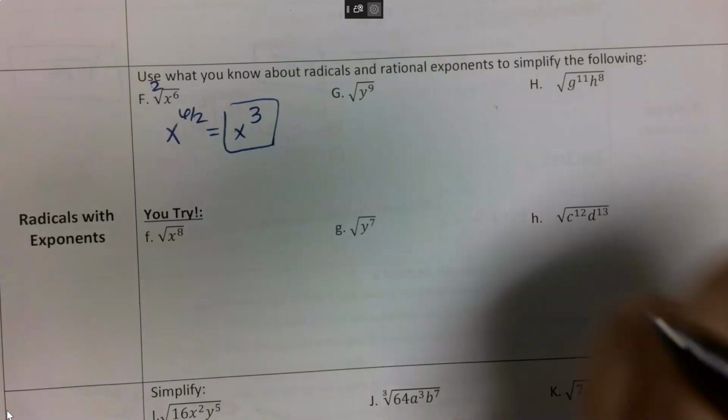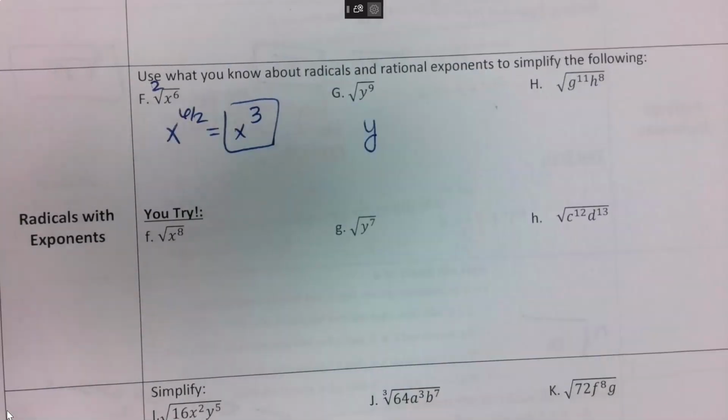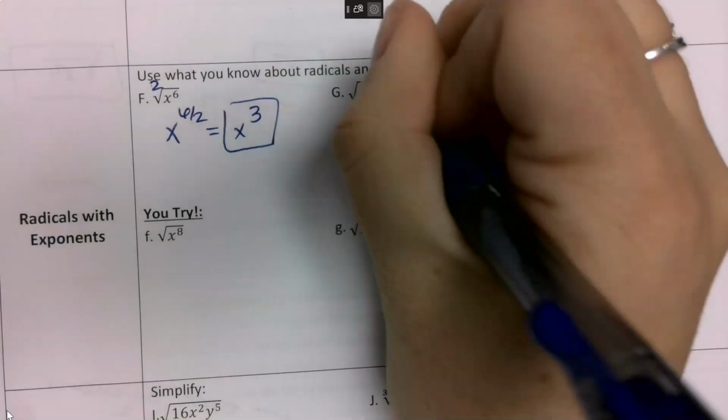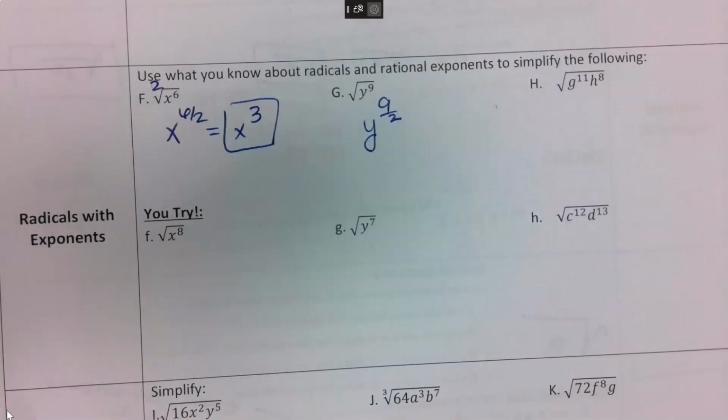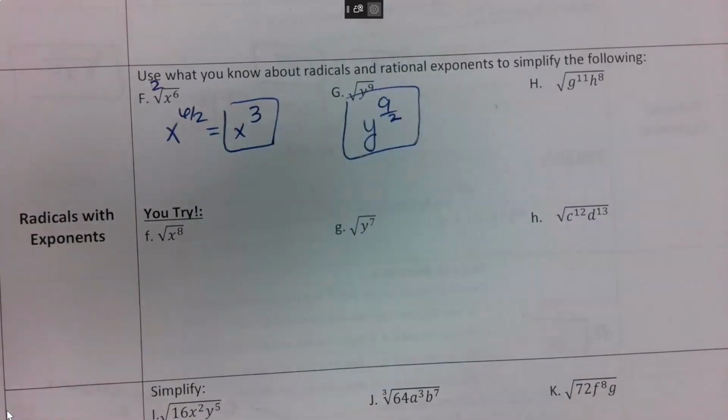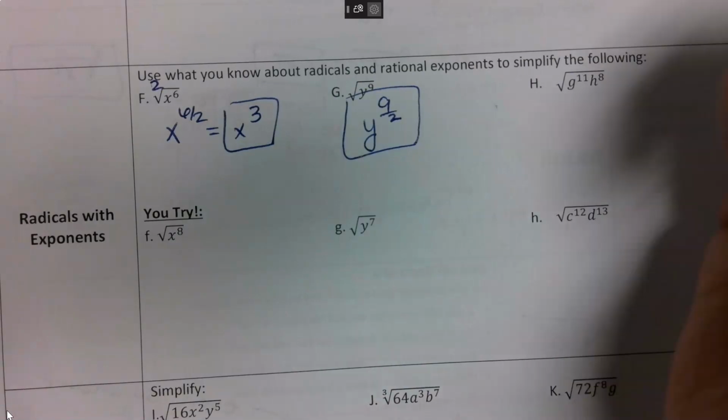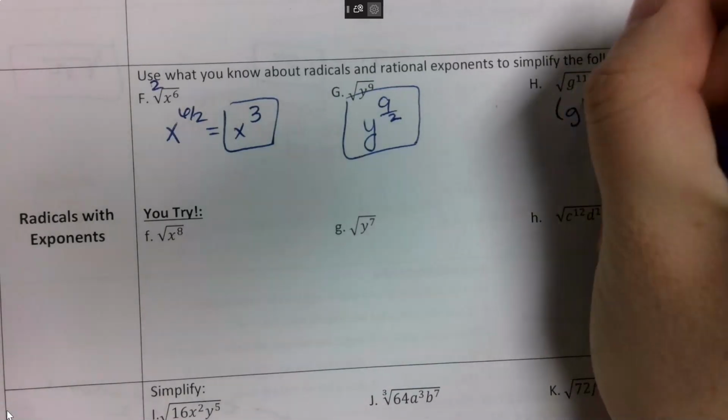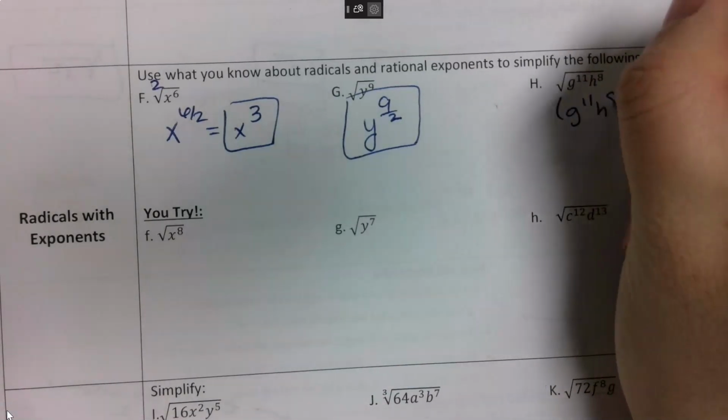So then on G, what is my exponent going to be? 9 over 2. Can I divide 9 by 2? No. So it just stays 9/2. Okay, same idea on H, except first thing I'm going to do is I'm going to put the stuff under the radical in parentheses.